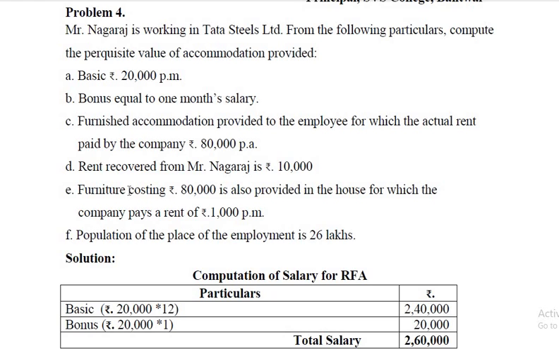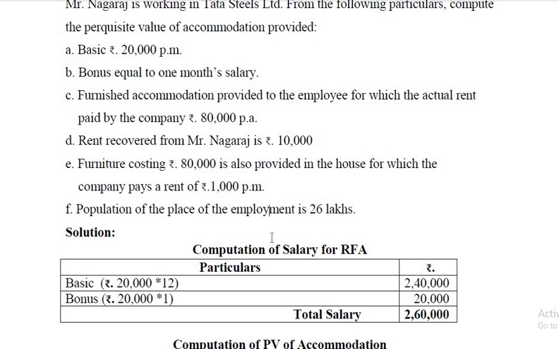And population has got no significance here because accommodation is not owned. Population you have to take only when the accommodation is owned. So let us make it very clear. Accommodation is hired here, and even furniture is hired. If the accommodation is hired, the procedure of calculation is 15% of salary, whatever may be the population, or actual hire charges, whichever is less.